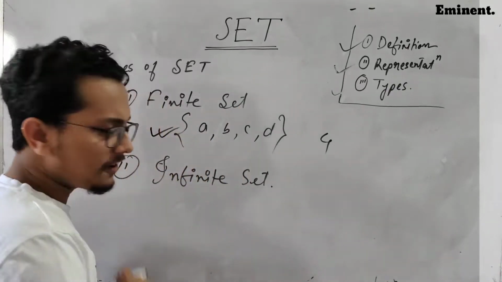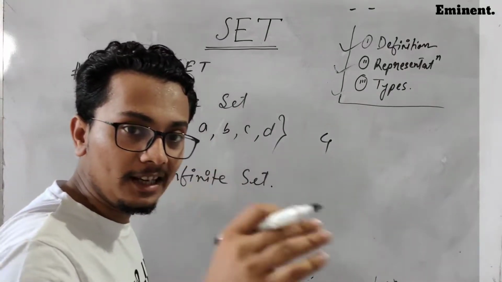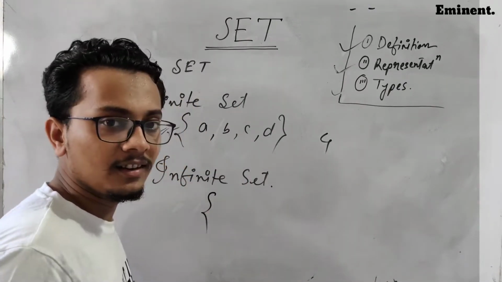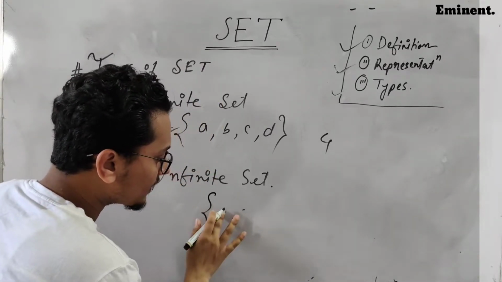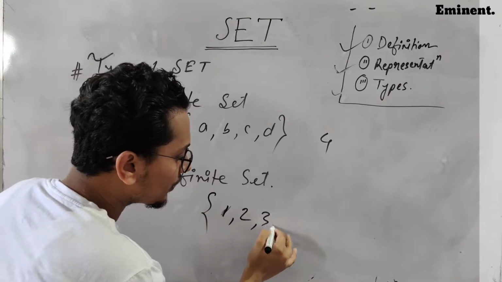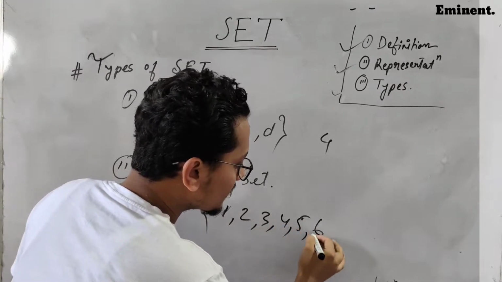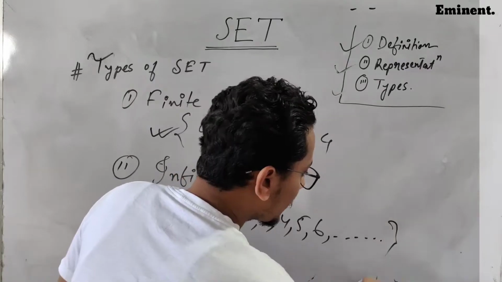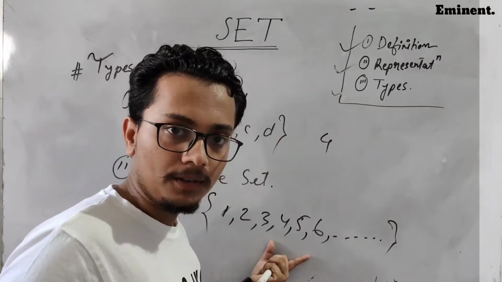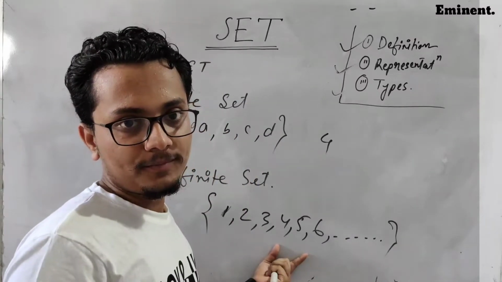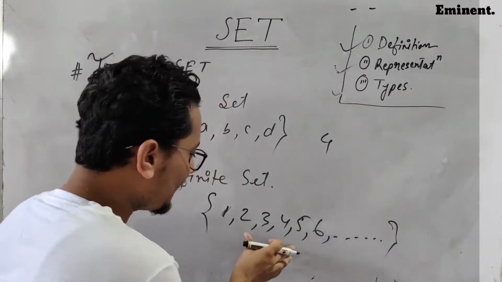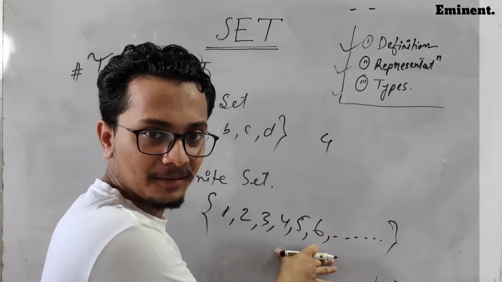Like this, in an infinite set, how many elements are there in the set? You can't count. For example, 1, 2, 3, 4, 5, 6, like this. I have taken all the natural numbers, the set of all natural numbers. Now tell me, do you know how many elements are there in this set?